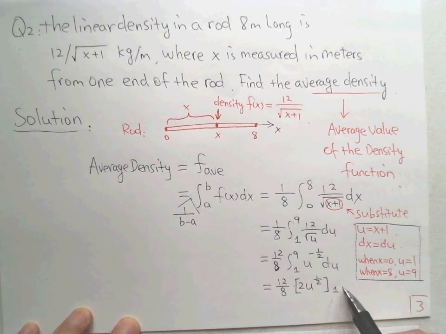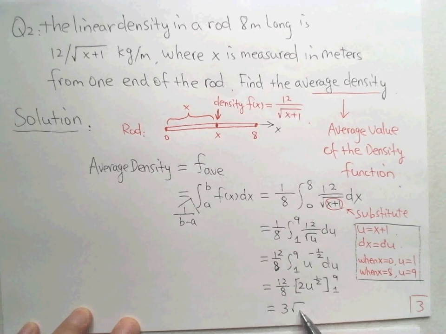If you like, you can plug in 1 to 9 and do the calculation. After the calculation, this is 3, and plugging in gives 3 times the square root of 9, and then minus the plug in of 1, which is 1, times 3.